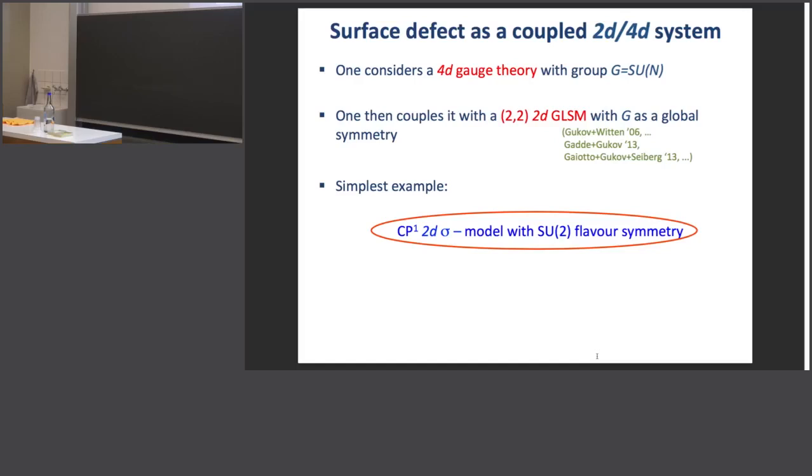So now I will discuss a surface defect as a coupled 2D-4D system in which the four-dimensional theory has a gauge symmetry SU(N), and in it there is a two-dimensional part which, as these people described, and many others as well, actually is a two-dimensional gauged linear sigma model in which G is a global symmetry.